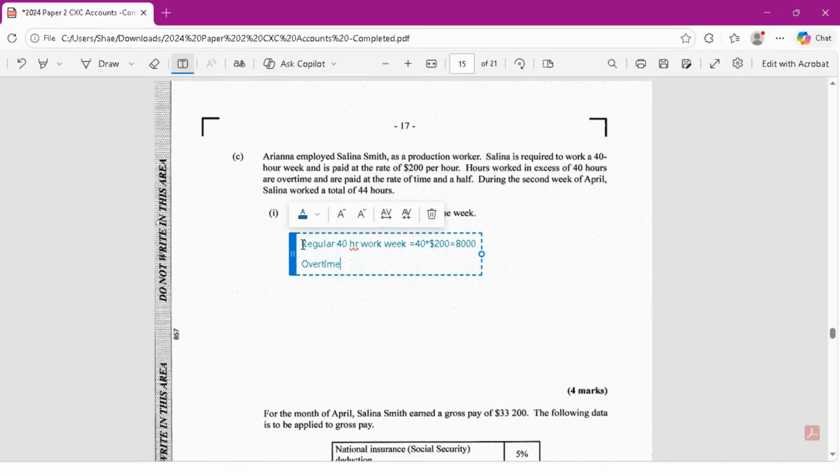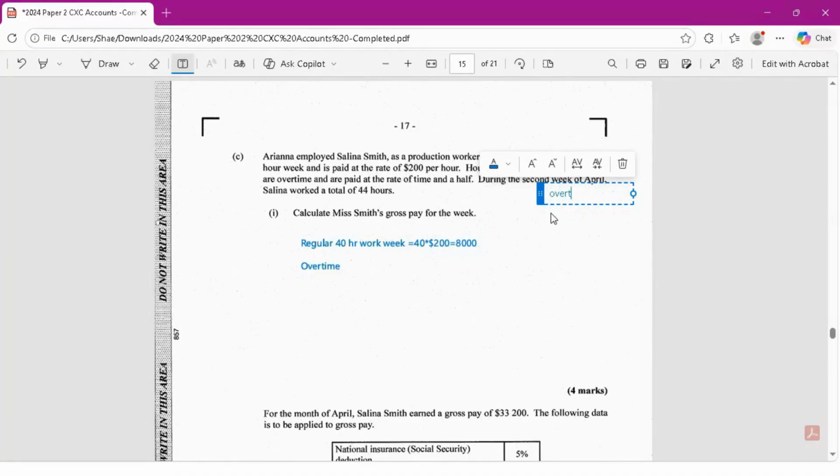How do we get the 4 hours? Let me put it over here. Overtime is equal to 44 minus 40, which is the regular hours, which is equal to 4 hours. Alright, so if you don't get that, that is how we work it out. Alright, so that's $8,000 for the regular work week.